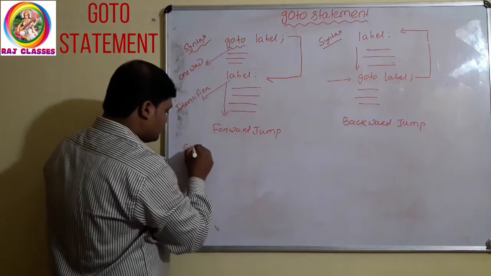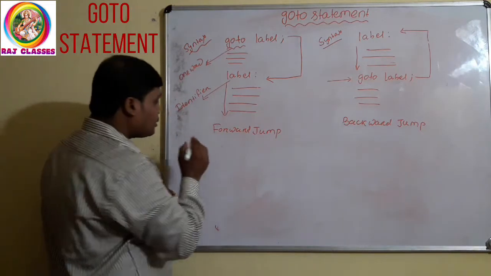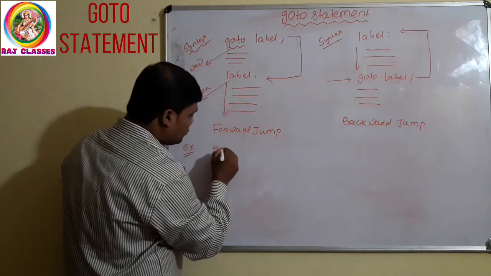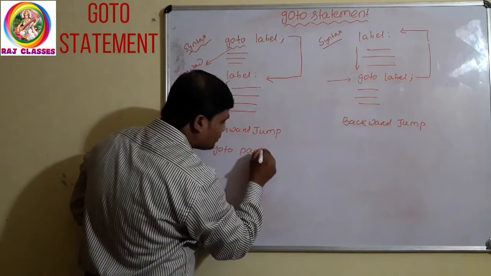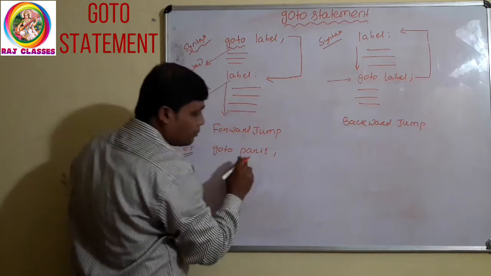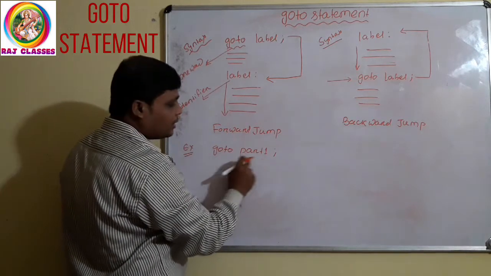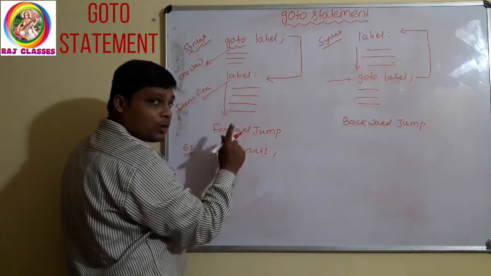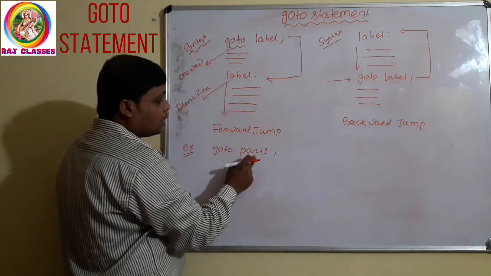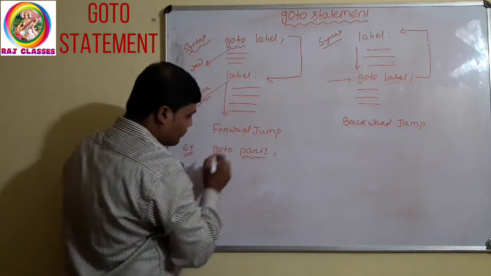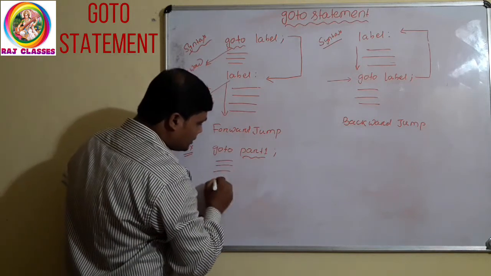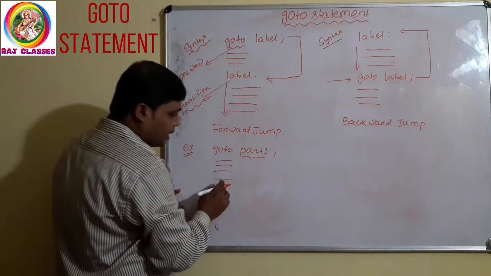Now see one example. This is goto. Suppose in case of label, I am giving part 1. I can give any name. This is an identifier. You can give any name, but this name should be one word. Some statements are there.